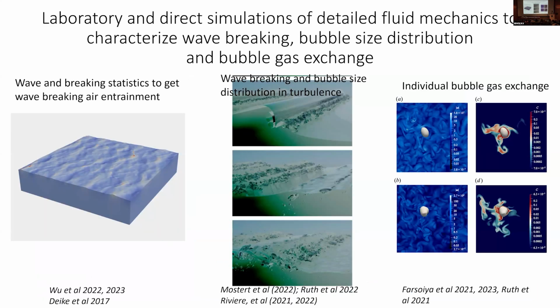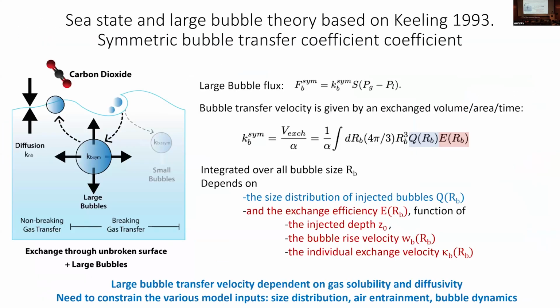Great. So I'm going to go back to one of the other equations. For methane, this line in blue is the size distribution of the bubbles. Through extensive studies in the lab or in the field, you have a constraint on what the shape of that distribution is in the open ocean.